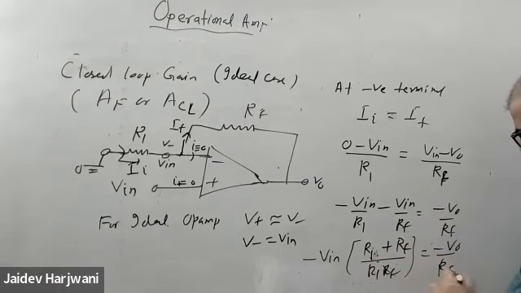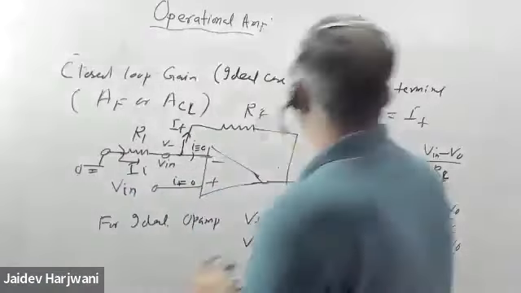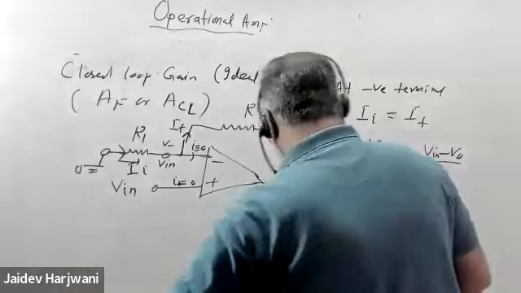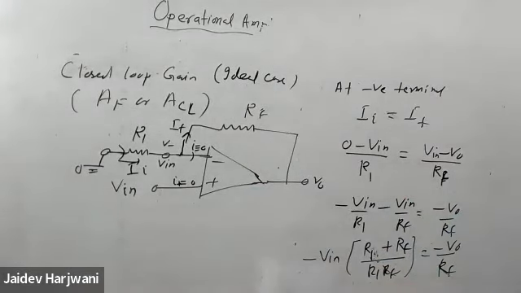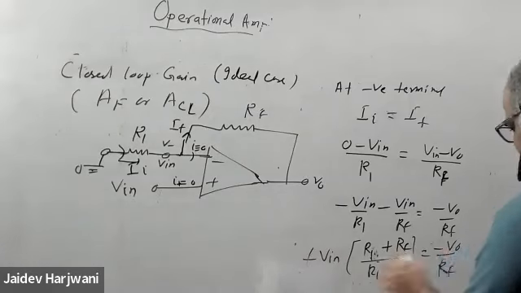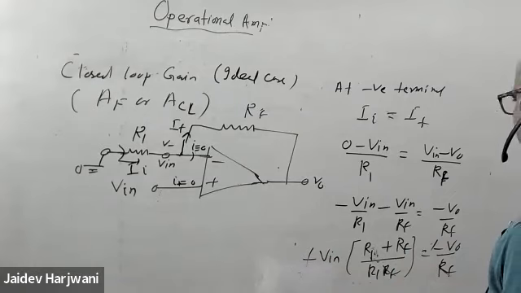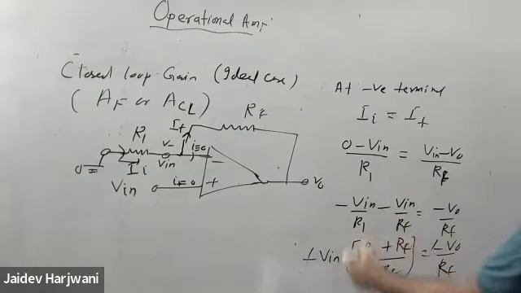RF cancels. Minus will also cancel, or not? So I should put the minus common here, and then minus V naught upon RF.